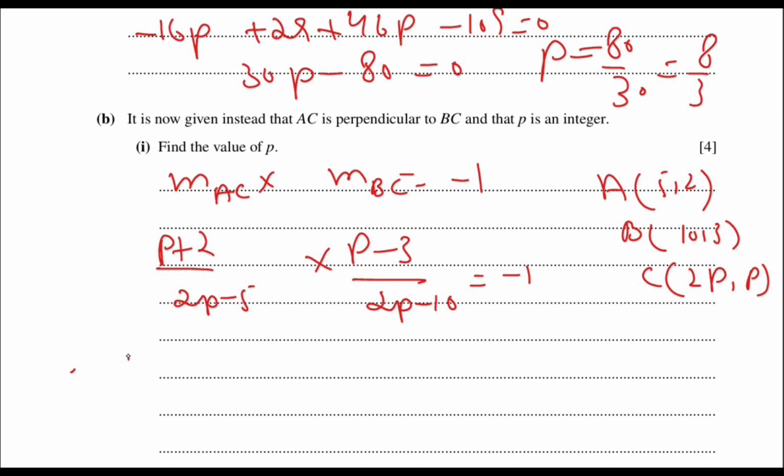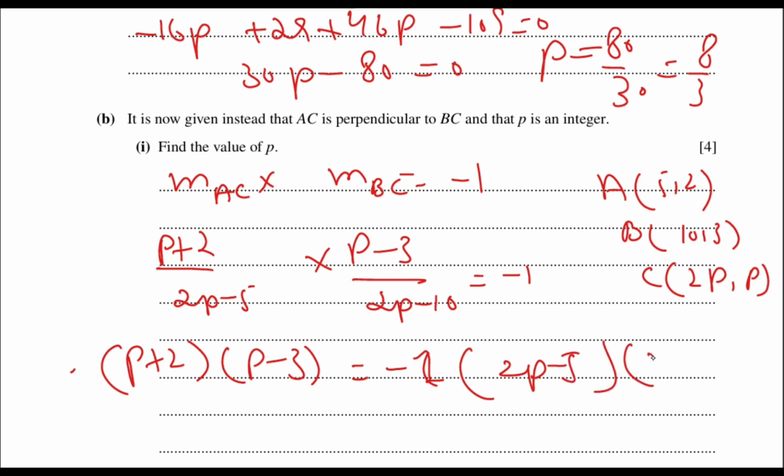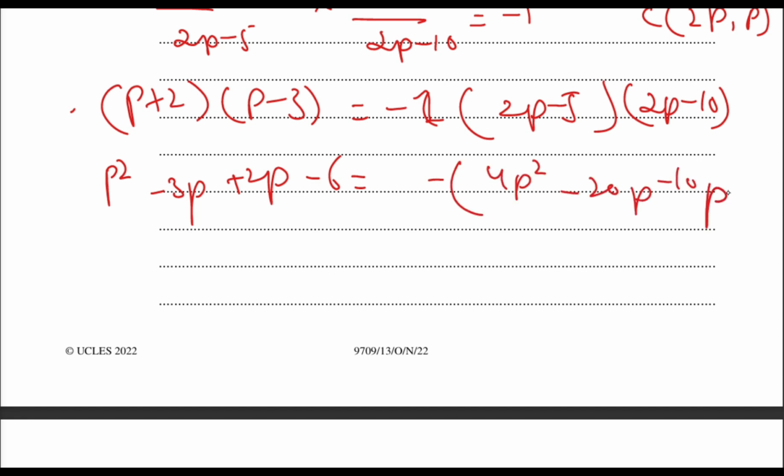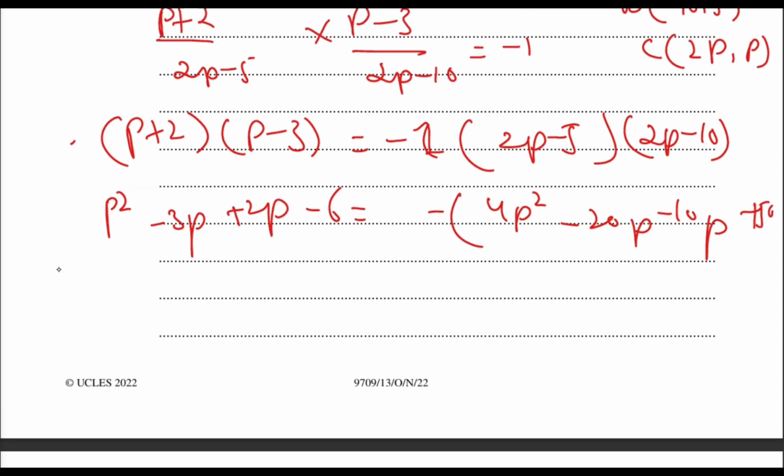Alright, by cross multiplying we will have (p plus 2)(p minus 3) equal to minus 1 times (2p minus 5)(2p minus 10). p square minus 3p plus 2p minus 6 equals minus (4p square minus 20p minus 10p plus 50).